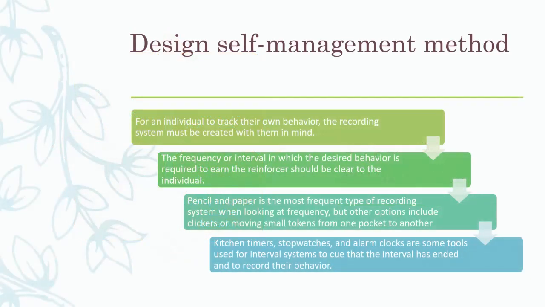When designing self-management systems, it must always be clear to the individual what frequency or duration of a behavior is required to receive the reinforcer. Self-management systems must be designed with the individual in mind. If the individual is a non-reader and non-writer, a tool that requires them to read and write will not be successful.